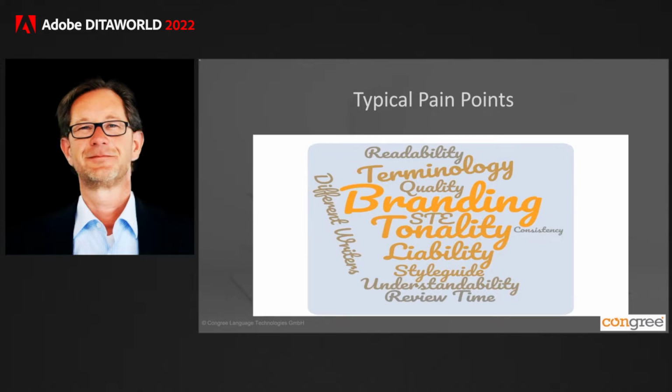Since they have lots of content creators and it's difficult to make all of them write with one company-specific language, they have a big challenge, but they have to make sure that their content will be understood and received by their content target groups.